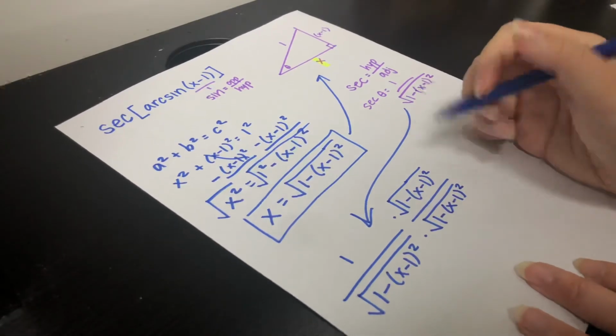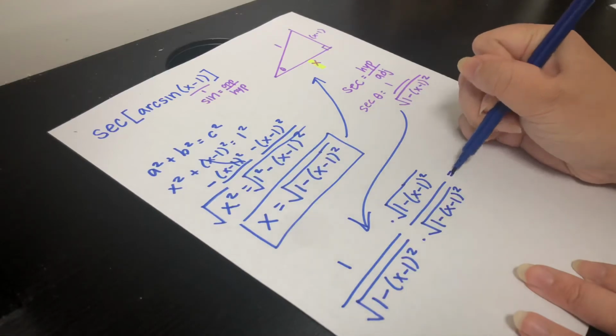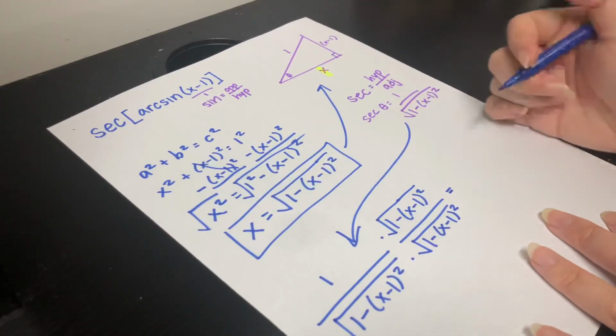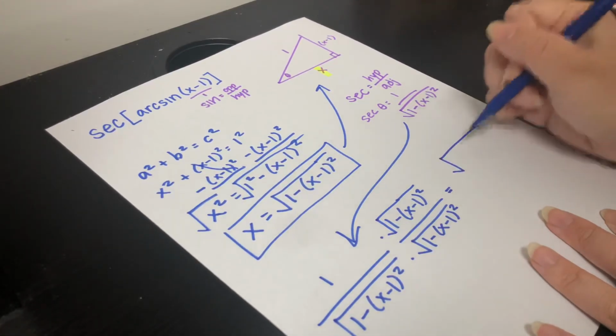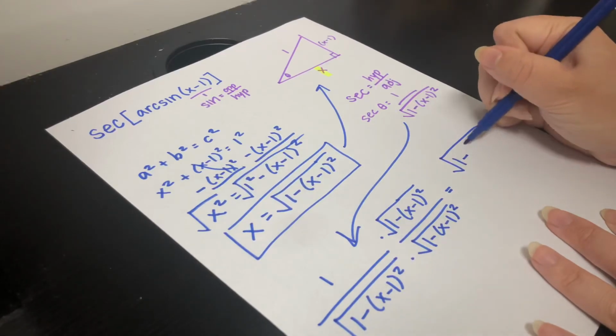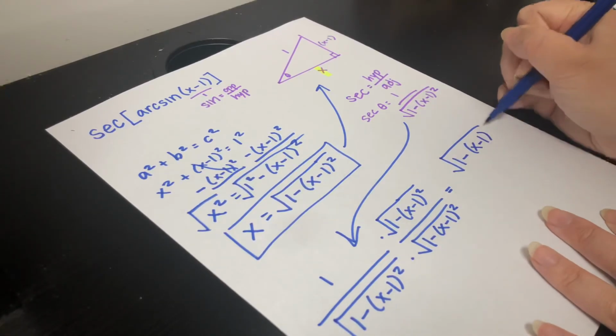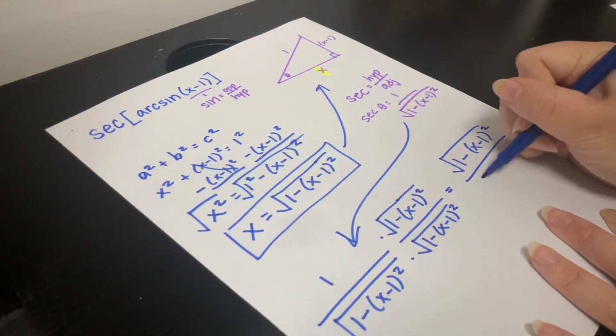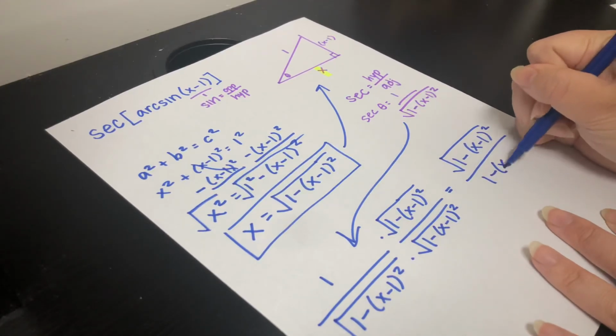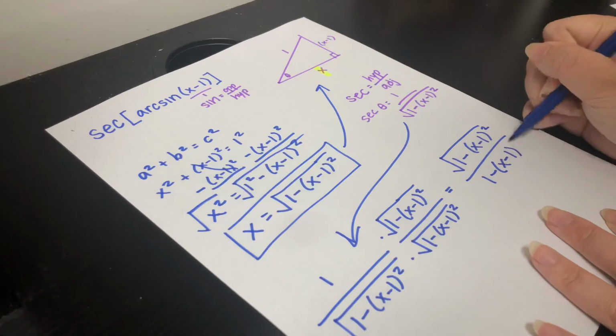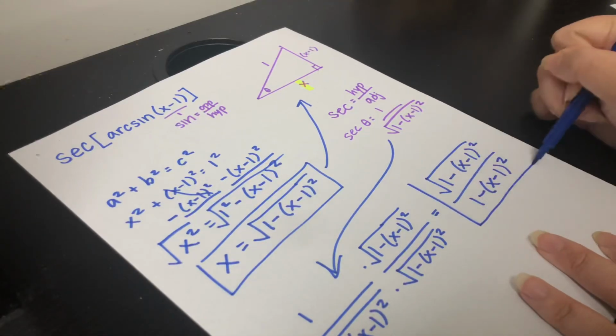And then eventually this all works out, and it's equal to the square root of 1 minus (x minus 1) squared, all over 1 minus (x minus 1) squared. And then that is our final answer here.